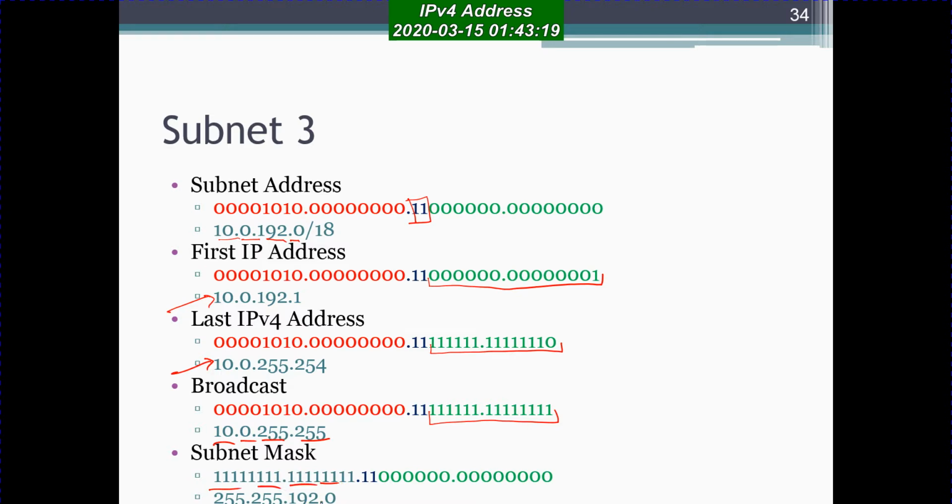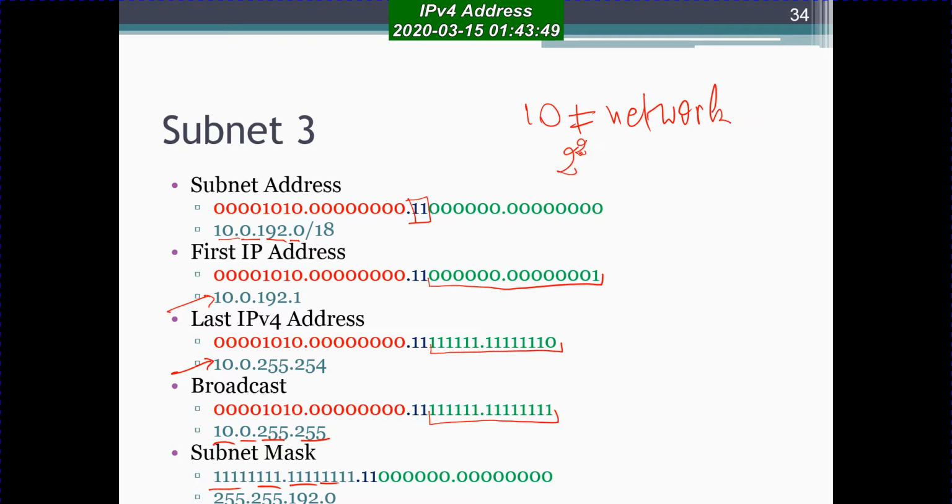Usually if you want to deal with subnetting, first you have to convert to binary. Take your IP address, convert it to binary, and then decide how many networks you want to create. You start from a specific network address and ask how many networks you want: 4 networks, 8 networks. What if I want to create 10 different networks? How many bits do I need to borrow from the host address field?